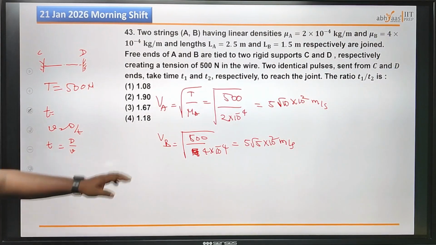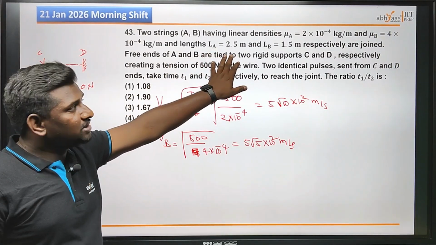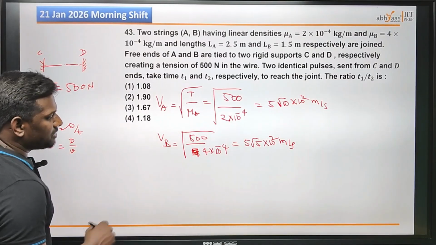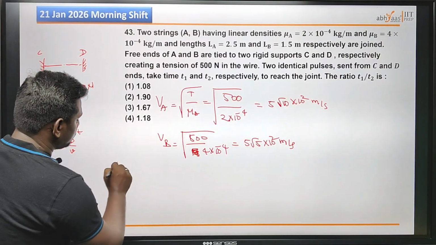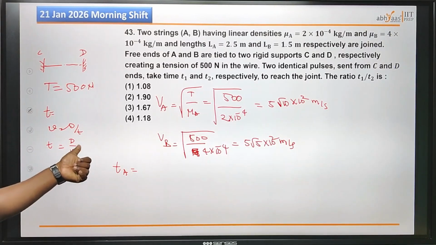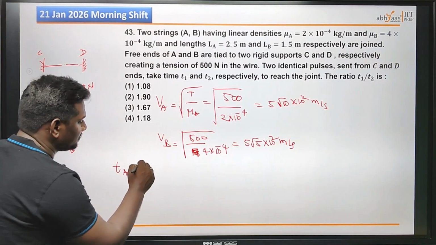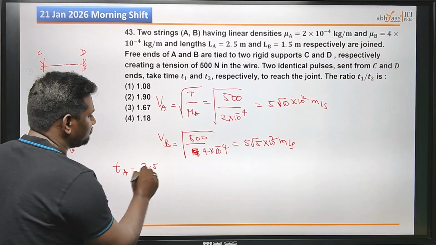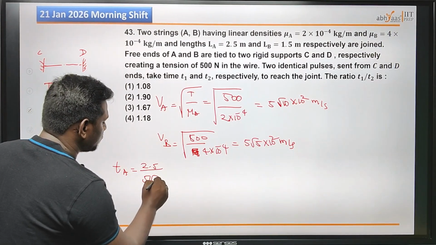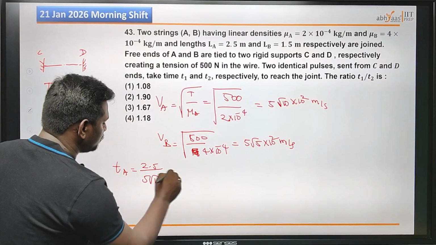What is the distance? Length is the distance. So TA can be written as distance, 2.5, by 5 root 10 into 10 to the power 2.